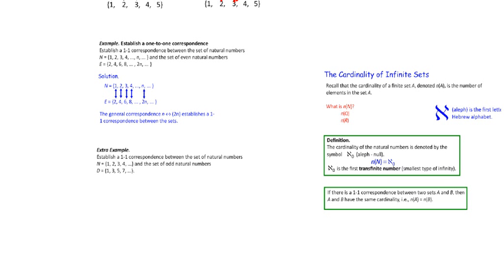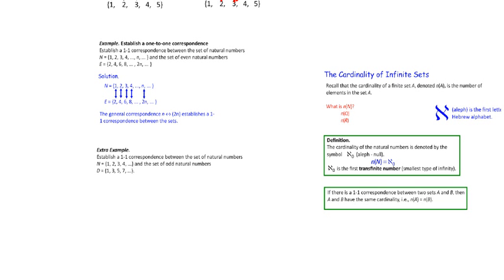Now for the even, it changes because it's 2, 4, 6, 8. So I'm taking the first term and I'm multiplying it by 2 because 1 times 2 is 2, 2 times 2 is 4, 3 times 2 is 6, 4 times 2 is 8. So it's 2n because you're taking the number of term and you're multiplying it by 2.